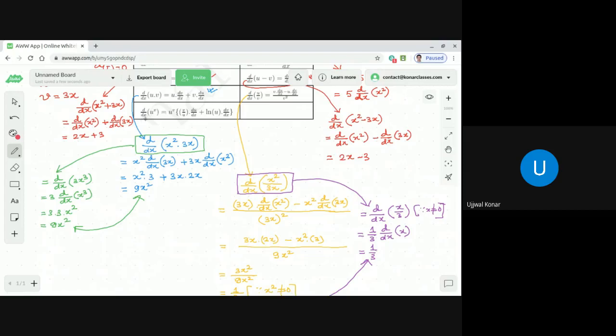Correct? So let me show you how it has been used. Sir, what is ln? Ln is log to the base e. If you flip into your class notes, you'll get it.